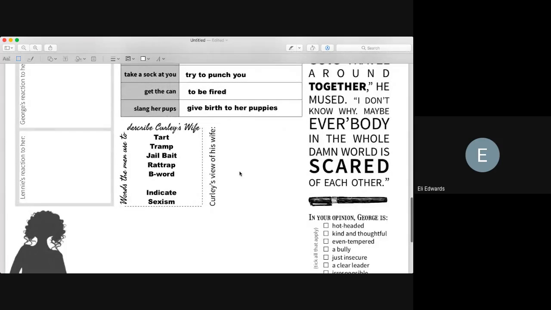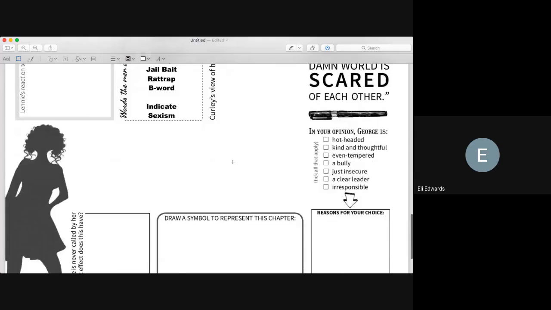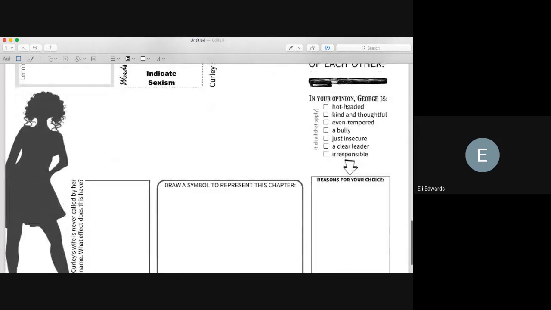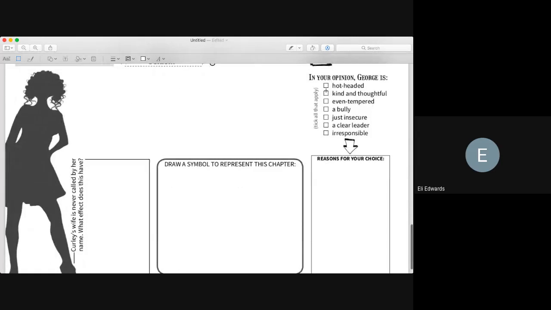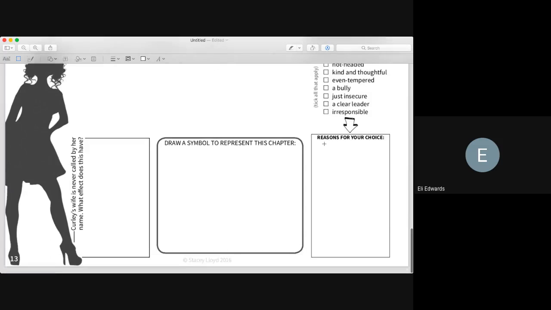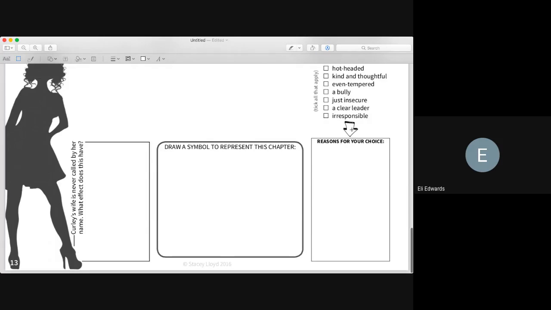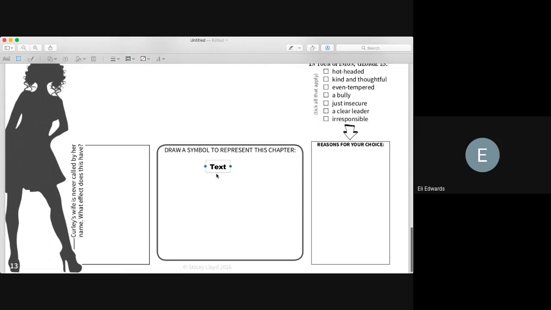Curly's view of his wife, think about how he treats her. On this one, this is your opinion, so you click the ones that you think apply and then state your reasoning for choosing those. Then draw a symbol to represent this chapter. That's up to you. You can draw whatever you would like. Curly's wife is never called by her name. What effect does this have? We don't even know her name.